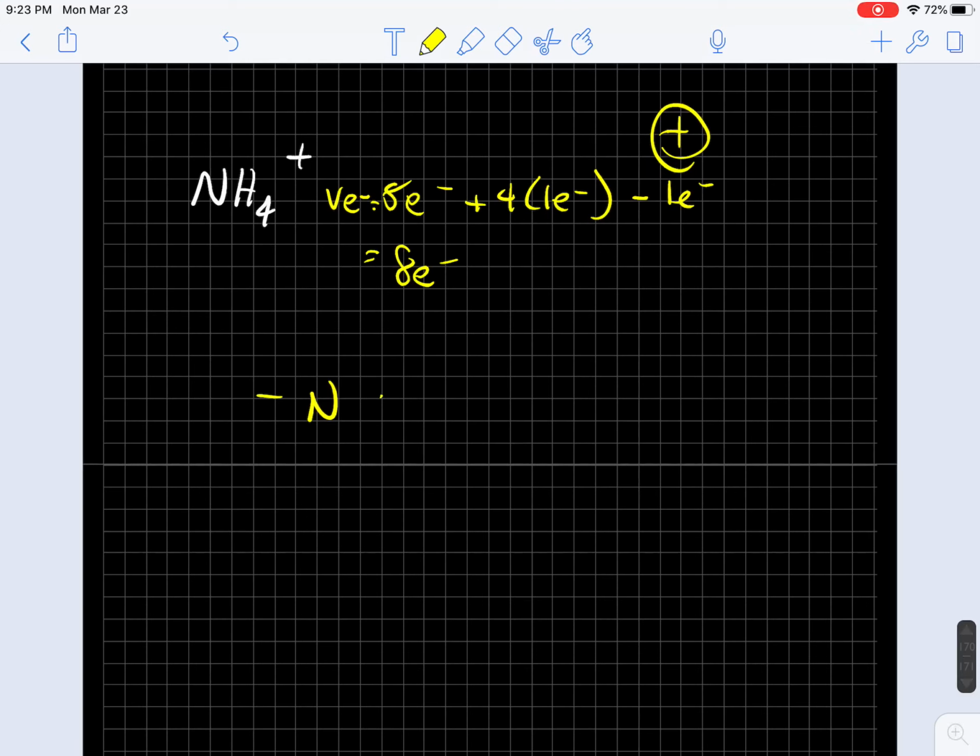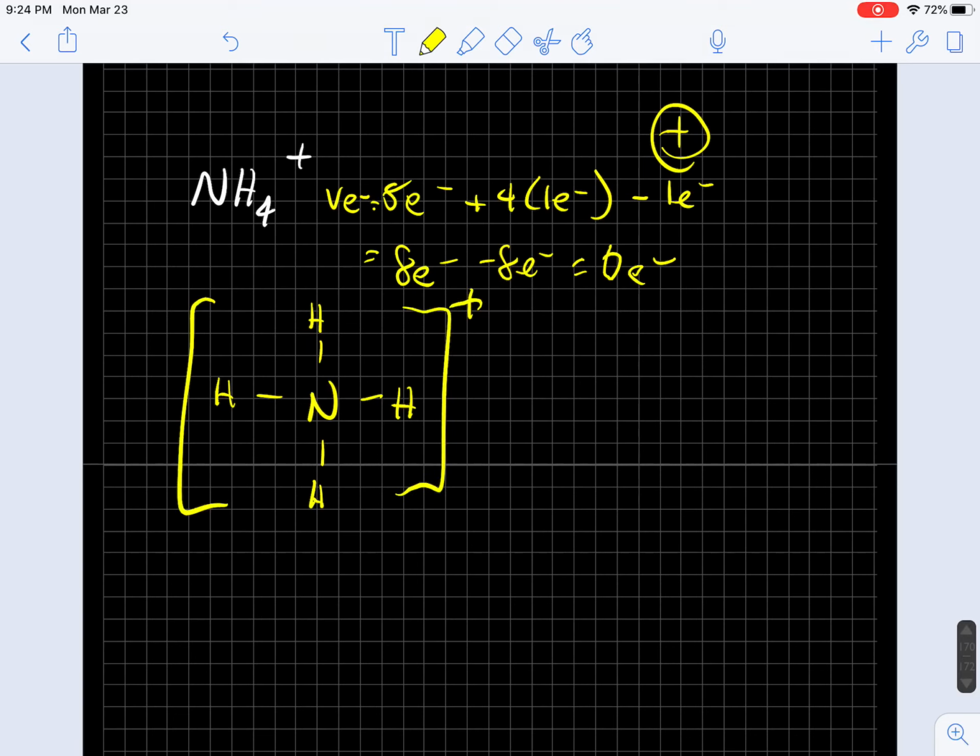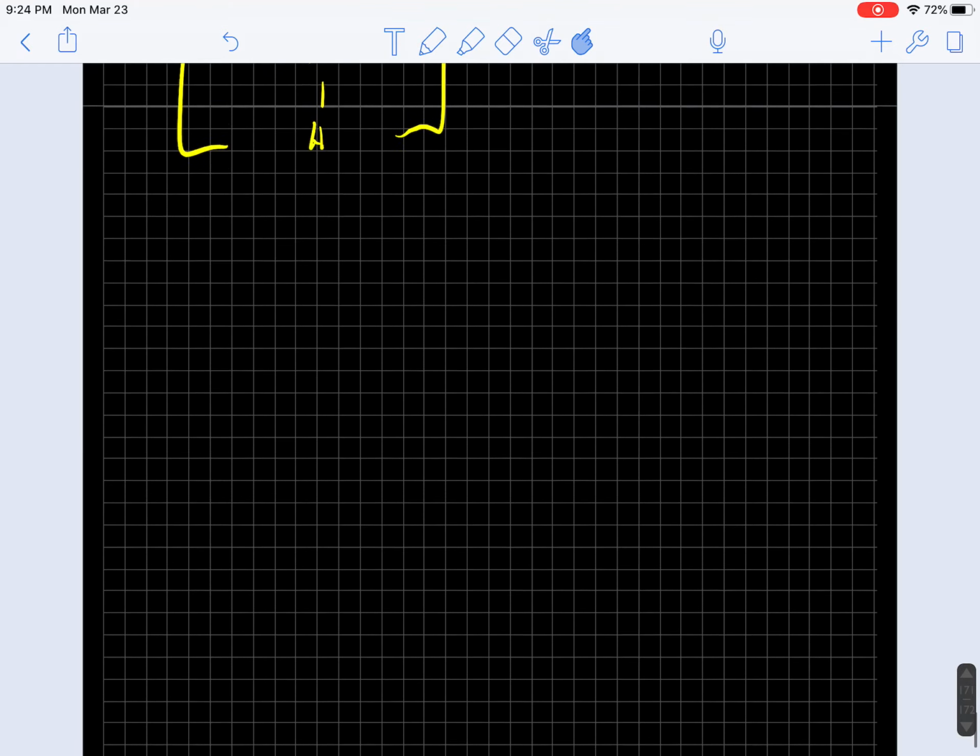So that's going to give me 8 electrons to deal with. We know the hydrogen cannot be a central atom, so we connect the 4 hydrogens as terminal atoms. That uses up all of our 8 electrons, but we've satisfied all our octets. Nitrogen has 8, hydrogen only needs 2 from the bonds. We just have to remember to put our brackets around it and then put the positive charge outside to complete the diagram.